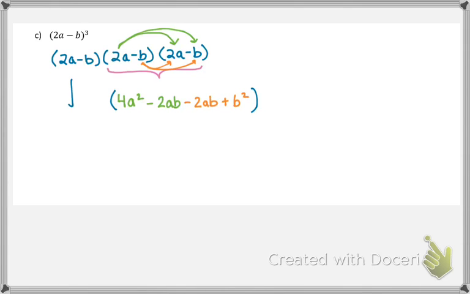So I'm going to keep this that I haven't touched in the front, 2a minus b. And then I'm going to rewrite these: 4a squared, and then negative 2ab minus another 2ab is negative 4ab, plus b squared.